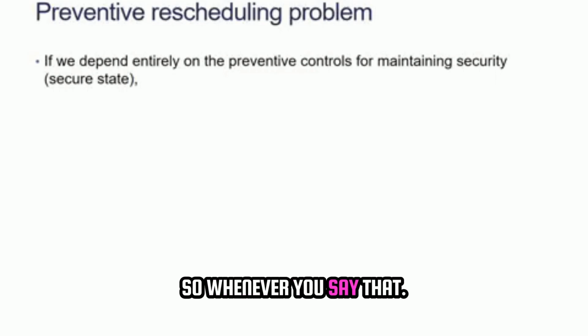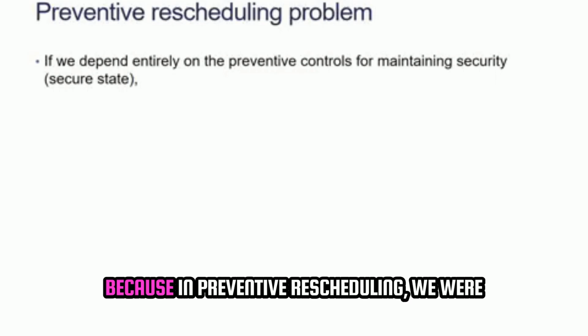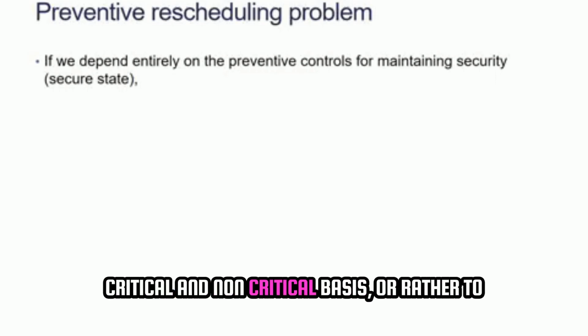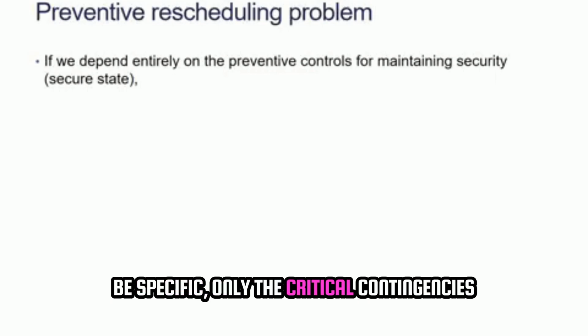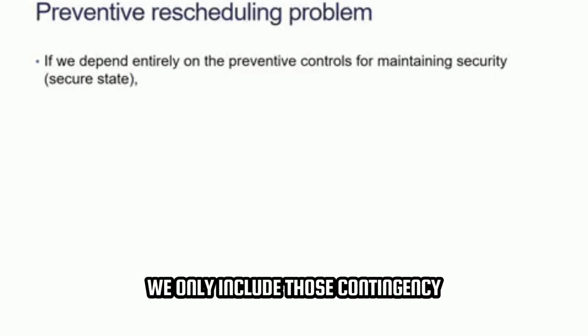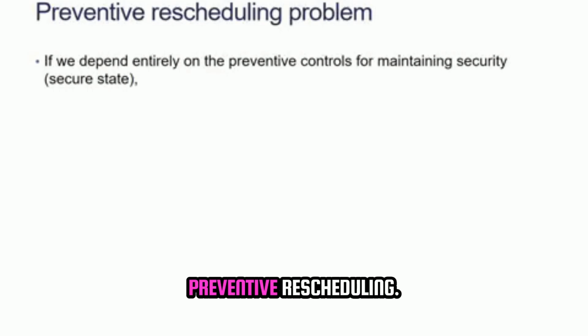Whenever you say that, because in preventive rescheduling we were skipping the first step and only including the contingencies on a critical and non-critical basis, or rather to be specific, only the critical contingencies which do not pass the corrective rescheduling step, we include in the preventive step, and that's why we call it preventive rescheduling.